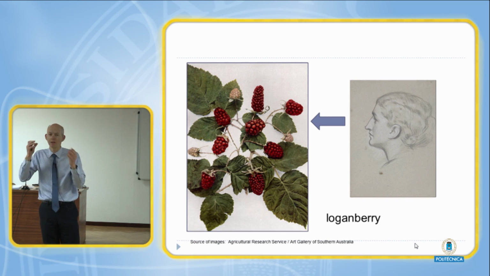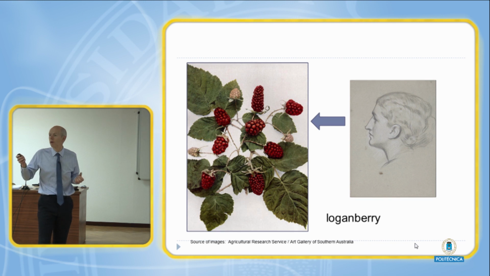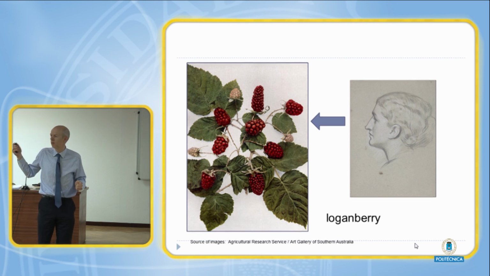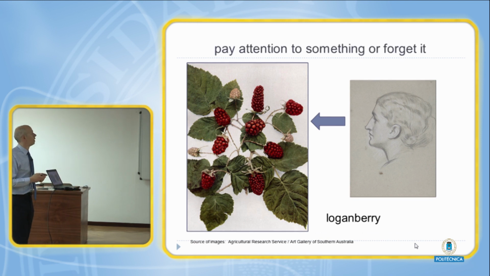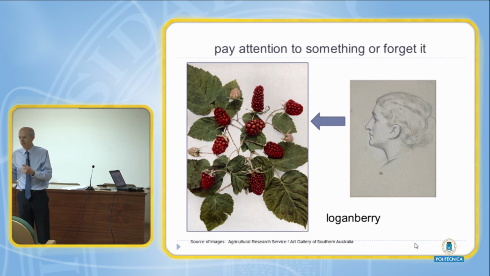Because our minds are selective, isn't it? The typical example of that is if you're distracted as you're driving or getting on the bus, you don't look at all of the buildings as you're passing. You'll only remember some of them because you haven't been attending to them. So if we don't pay attention to something, we'll forget it.